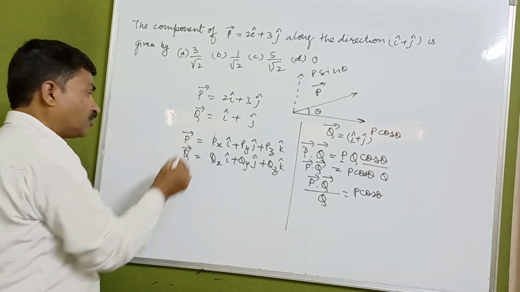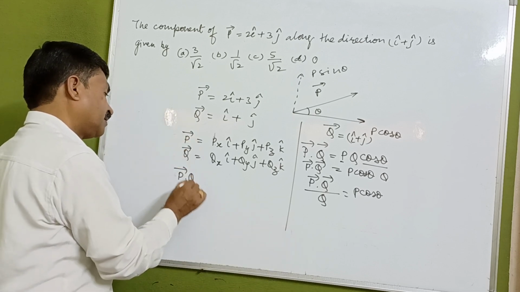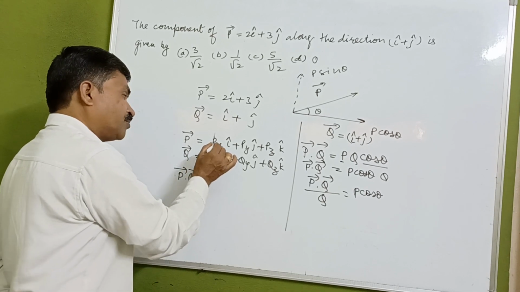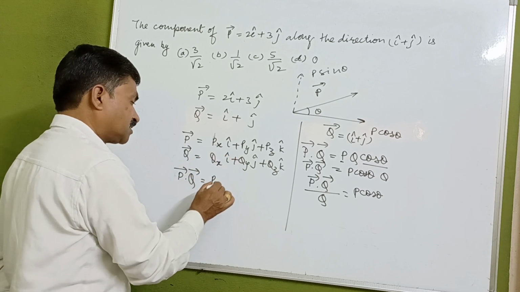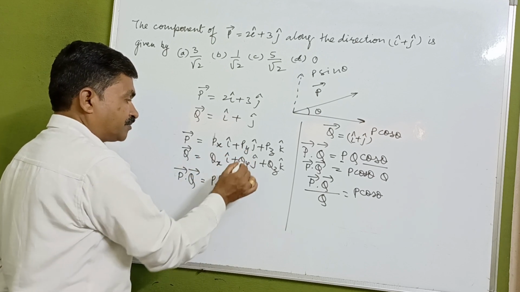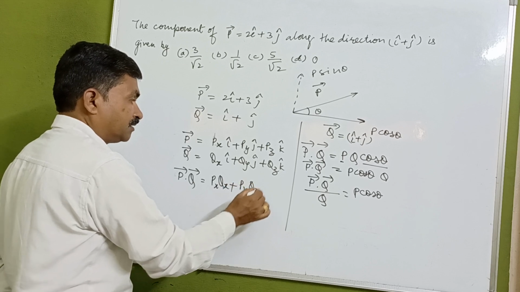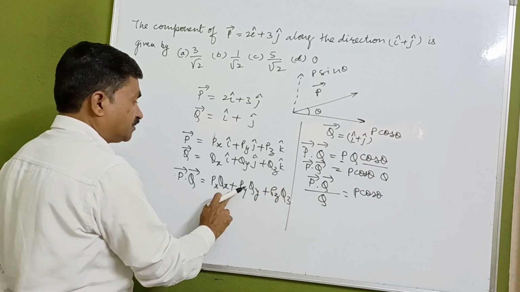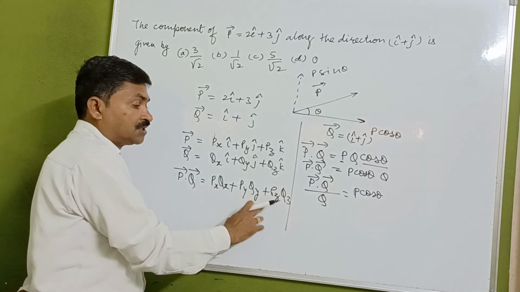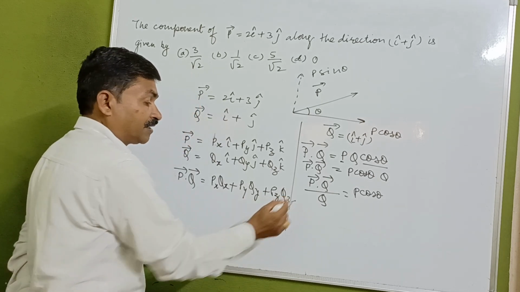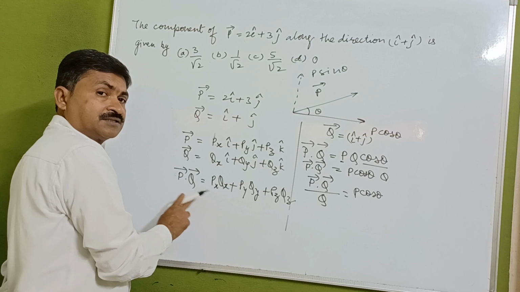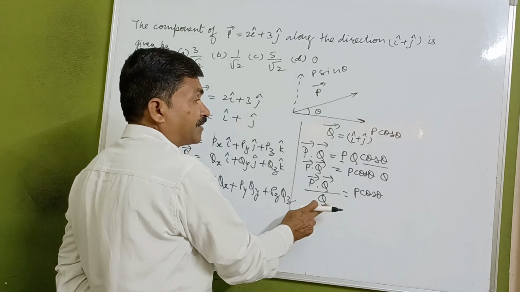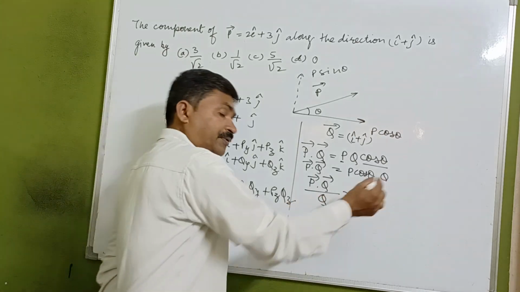To find the dot product, we multiply the x components, y components and z components, Px Qx plus Py Qy plus Pz Qz, and add them. This gives P dot Q. We substitute and divide by the magnitude of Q to get this component.